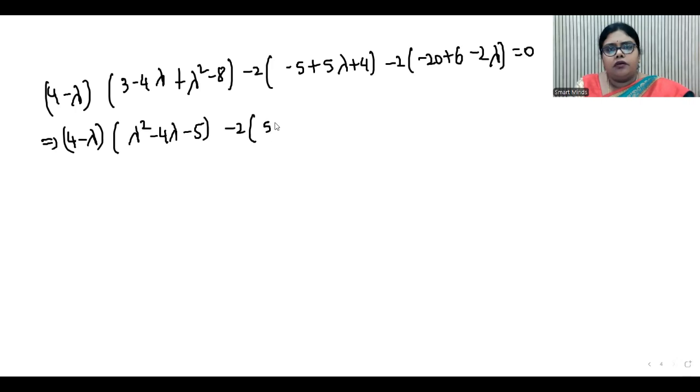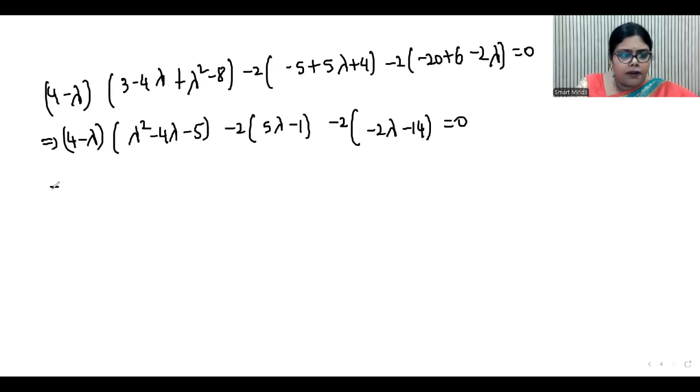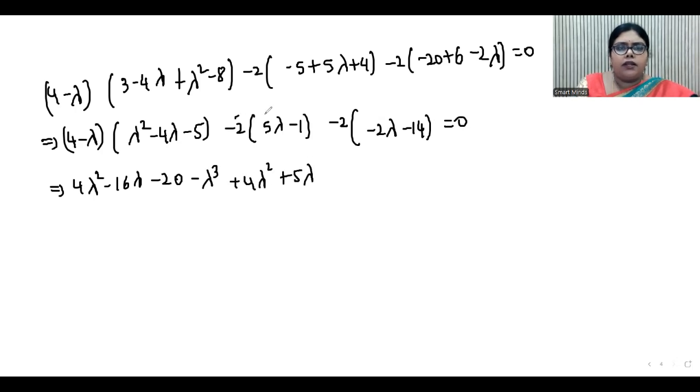Minus 2 into 5 lambda minus 1. Minus 2 into minus 2 lambda minus 14 is equal to 0. Now you open the brackets, you will get 4 lambda square minus 16 lambda minus 20 minus lambda cube plus 4 lambda square plus 5 lambda. Now multiply this into this, minus 10 lambda plus 2. Now multiply this into this, plus 4 lambda plus 28 is equal to 0.